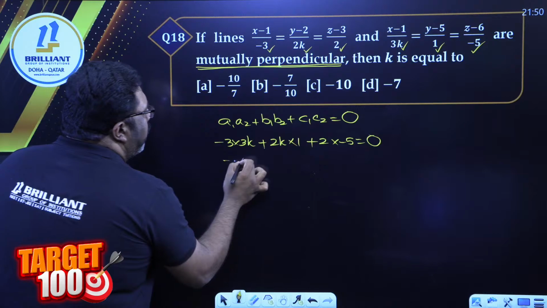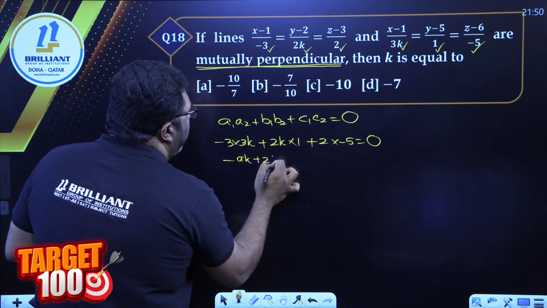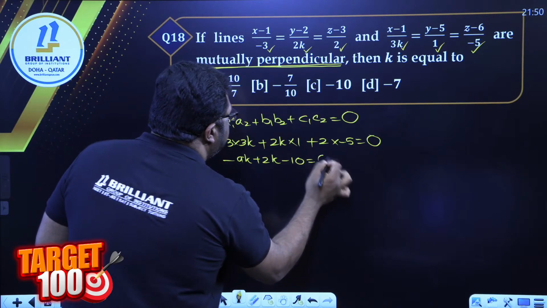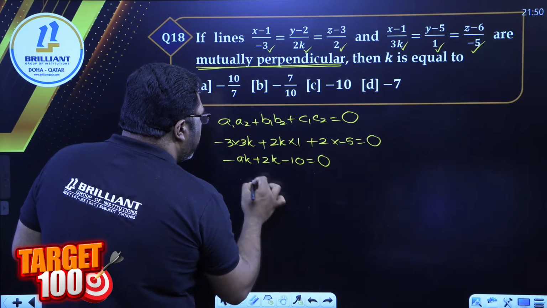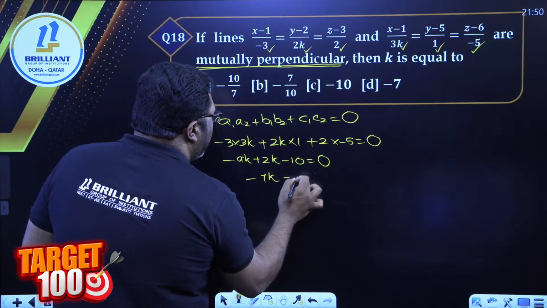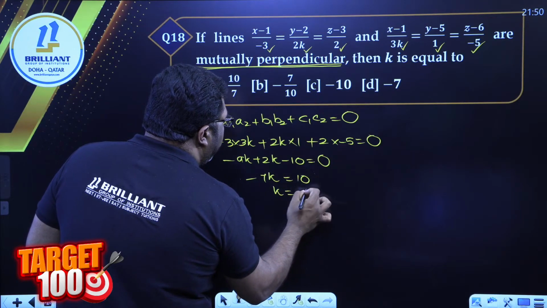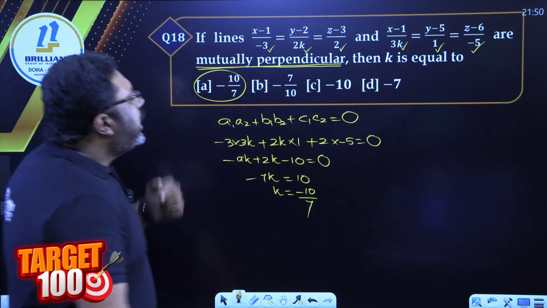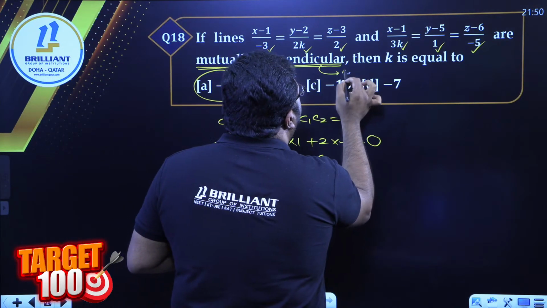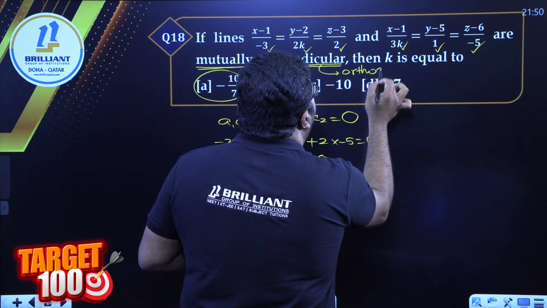Solve for k. Minus 9k plus 2k minus 10 equal to 0. Minus 7k equal to 10. K is equal to negative 10 by 7. Option A.